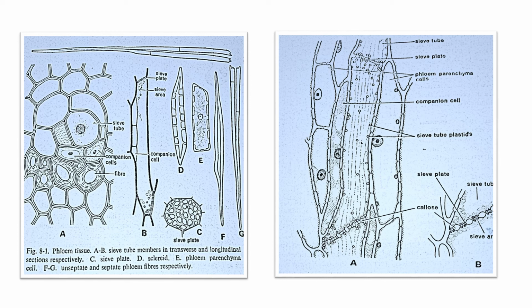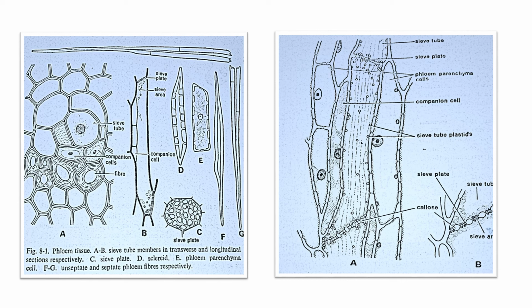Diagram D is a sclereid, it is also found in phloem, while diagram E is phloem parenchyma, and F and G show the unseptate and septate phloem fibers.